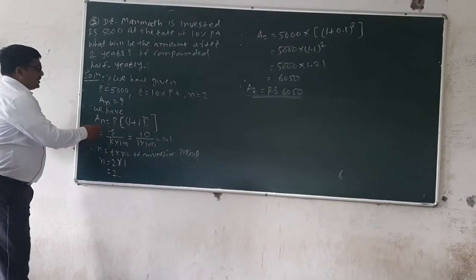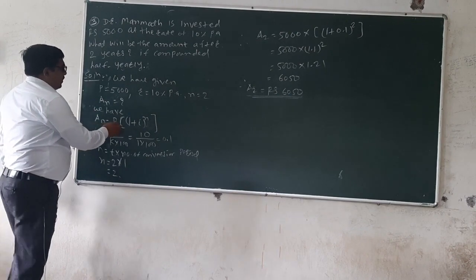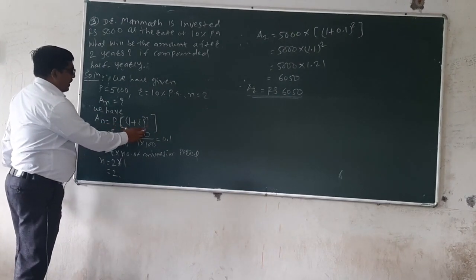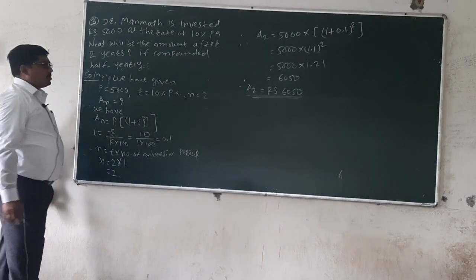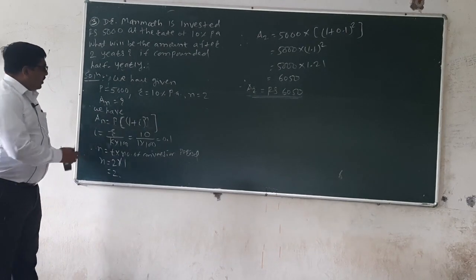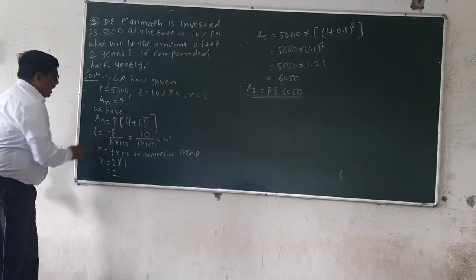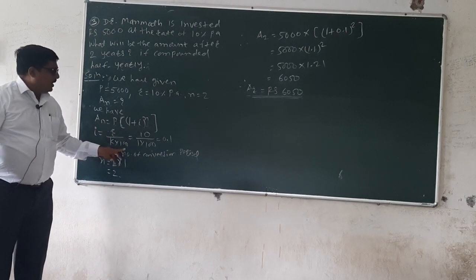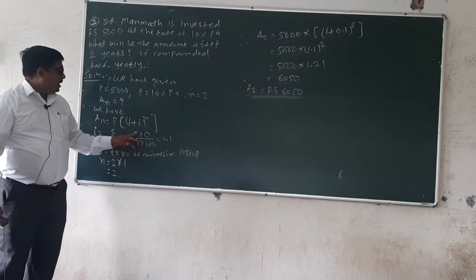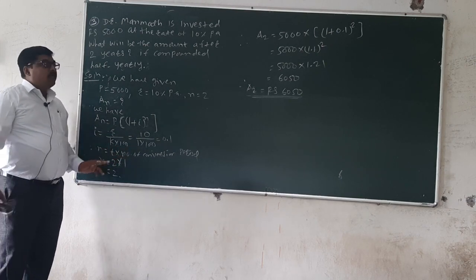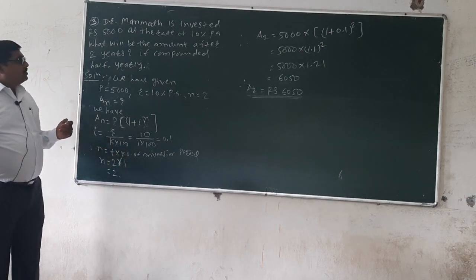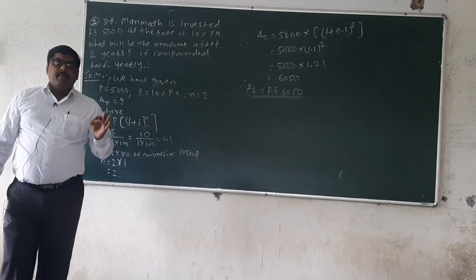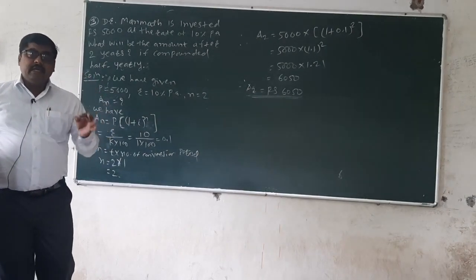We have the same formula, AN equal to principal into (1 plus I) raised to power N. First find out I equal to R upon K into 100, where R is 10. Now K is the number of conversion periods in a year.